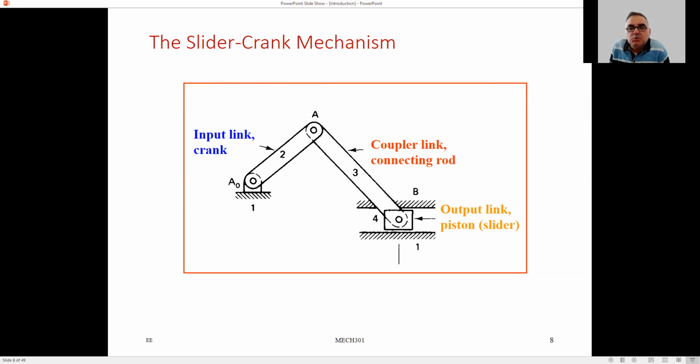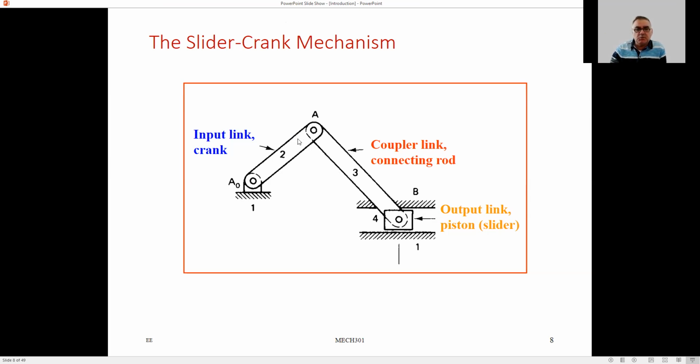It is used to convert translational motion of the piston to rotational motion of the crank, so that it is transferred to the crankshaft, and the crankshaft drives the car. So that is probably the most common application, but there are other applications of this slider crank mechanism. Main function is to convert rotary motion to translational motion and vice versa.